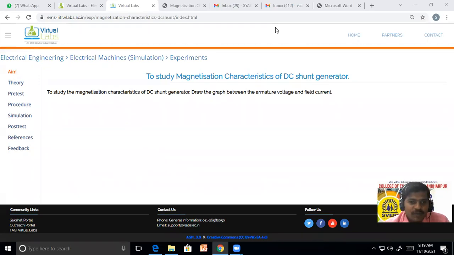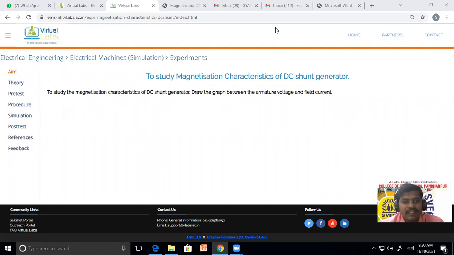This practical can also be conducted physically. I have shown the connection. The motor generator set is there, and a 3-point starter is used for running the motor. Then by varying the rheostat which is connected in series with the field winding of the generator, we see the field current and the generator induced EMF, that is the generated voltage, and we draw the graph, that is the magnetization curve.